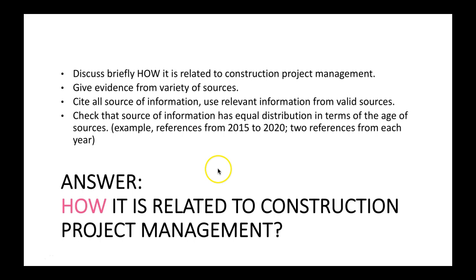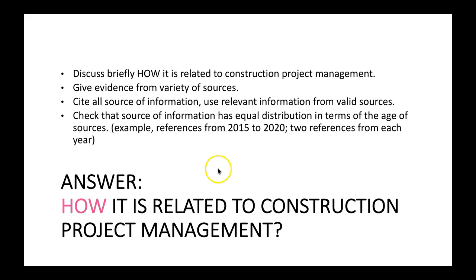Then how the lack of communication is related to construction project management. So you are explaining about how. So again, you are going to use evidence from a variety of sources. You are going to look at relevant information from valid sources, and you are going to look for references from maybe 2 years, 3 years, and give equal distribution to those references.